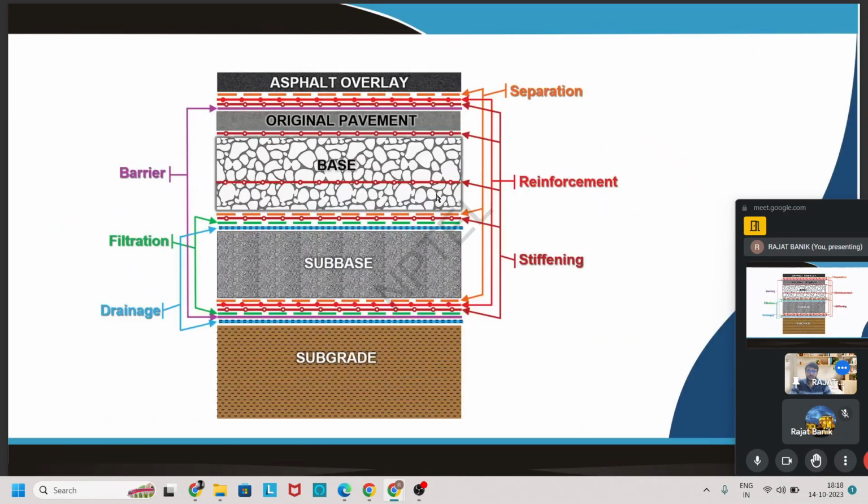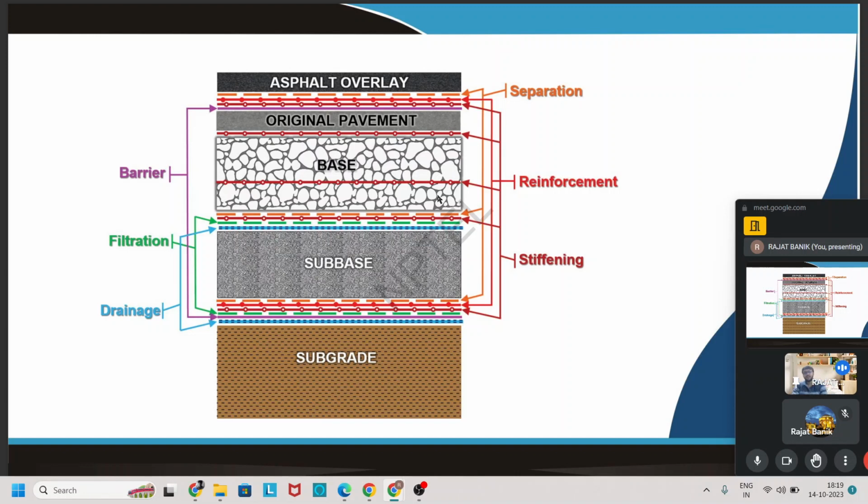One figure is also shown here with the thickness of the pavement layers in centimeters, and it clearly shows at what portion and what layer we can use the geosynthetic material.